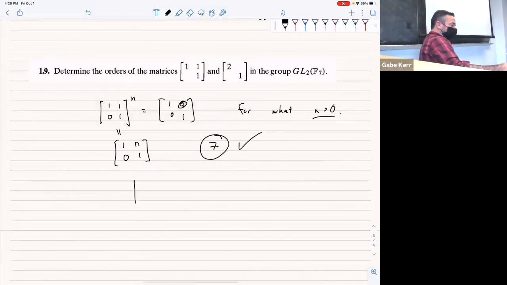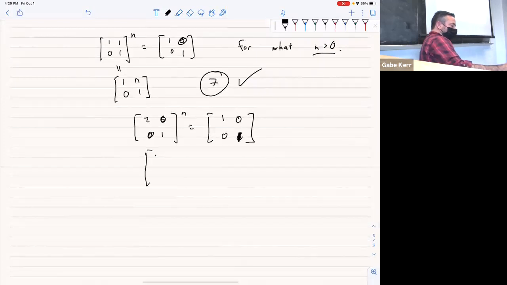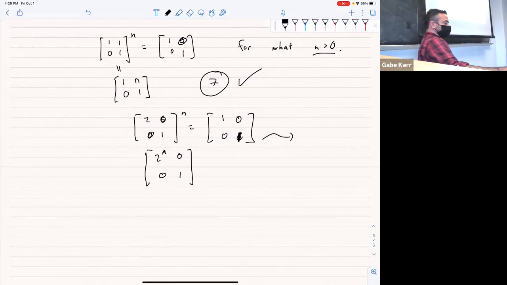So then for 2, the question is, what's the smallest positive integer n such that 2 to the n equals 1? No, you're not allowed to say 0.